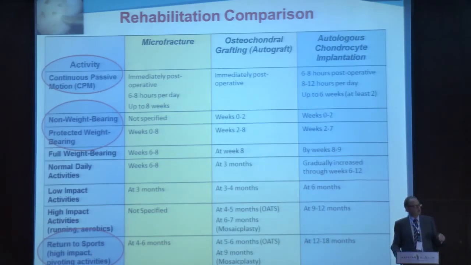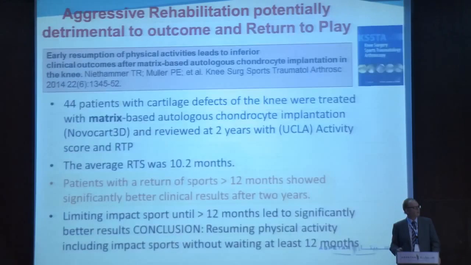Here's just a brief comparison of some of the rehabilitation guidelines from a weight-bearing standpoint, and also what the importance of return to impact is, and I think Barbara has gone over that nicely. Just something that's counterintuitive, we think that the big advance in sports medicine is that we do everything faster and quicker, we get people back.